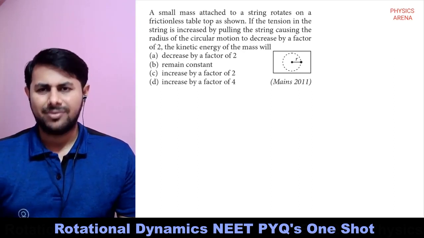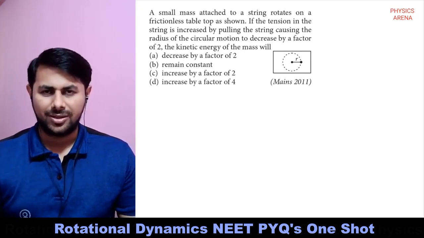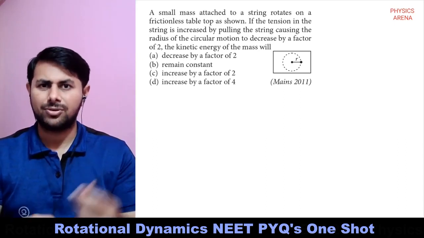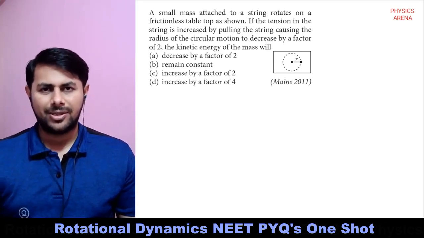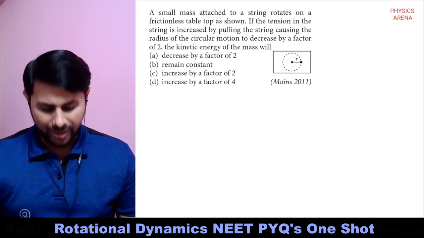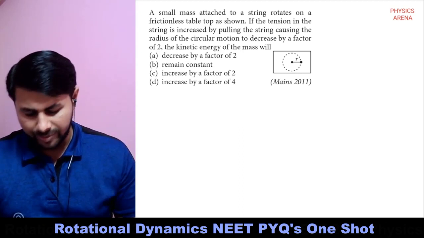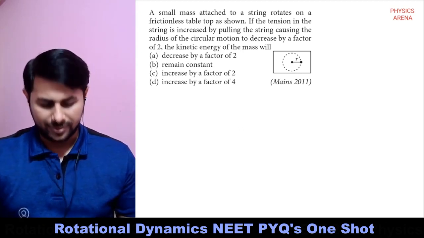And direction is same, direction of radius. Or you can say position vector of the particle and the external force that we are using to pull the string, the direction is same. So that means there is no torque. Okay, R bar cross F bar will be equal to 0. So if there is no torque, what will remain constant? Angular momentum will remain constant.